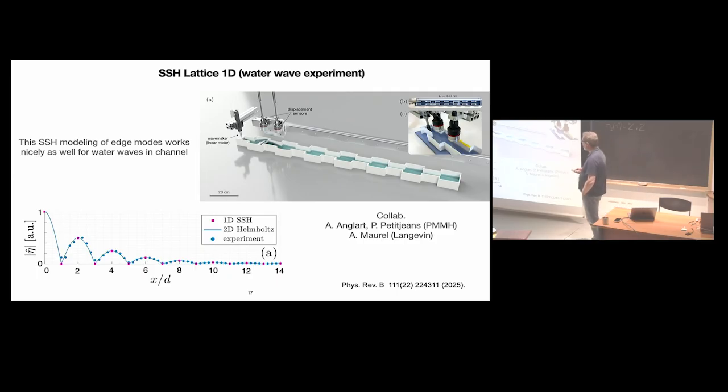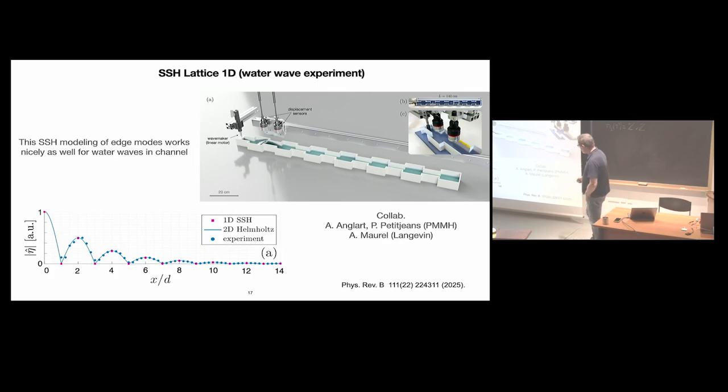Just passing by, since it is very robust, it can be done in many different wave problems. A lot of waves are governed by the Helmholtz equation. One of these waves is the water wave. When you take a flat bottom, the water wave, as we have seen yesterday, follows Helmholtz. So we have done the experiment here as well, the same alternating channels for water waves, measured here by a confocal sensor.